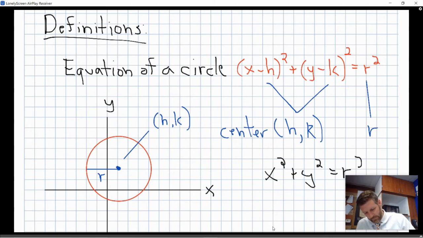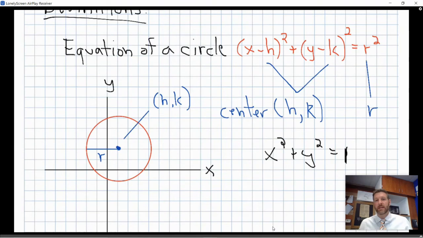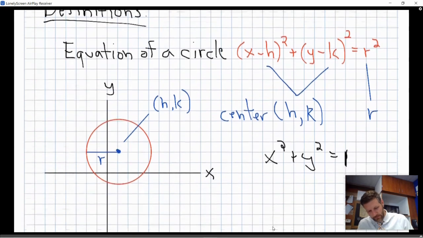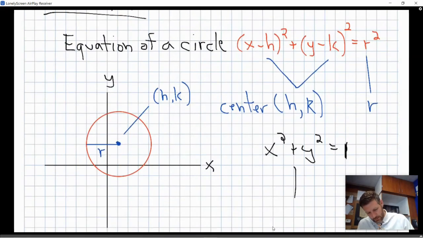That would be your most basic circle, because what that tells you is nothing's being done to x, there's no h, there's no k, nothing's being done to y, and your radius is just the square root of 1, which is 1. That would be a circle right here, where its center would be right in the middle, on the origin, with a simple radius of just 1. It would look something like that.